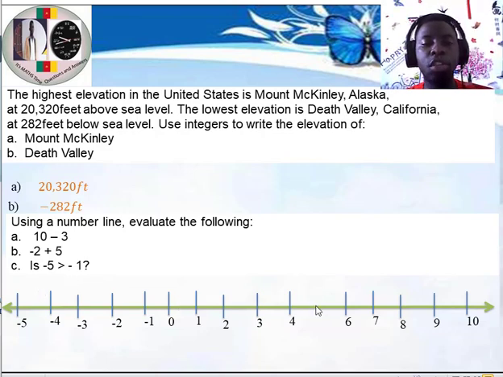Now, what do we need to do? A says we should perform 10 minus 3. So the first thing to do is to indicate the number 10. We plot the number 10 on the number line. The next thing to do is, what?